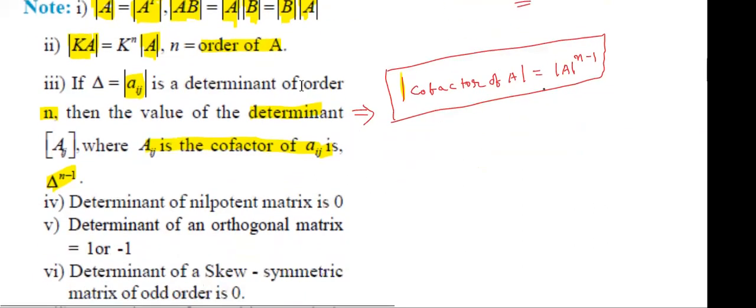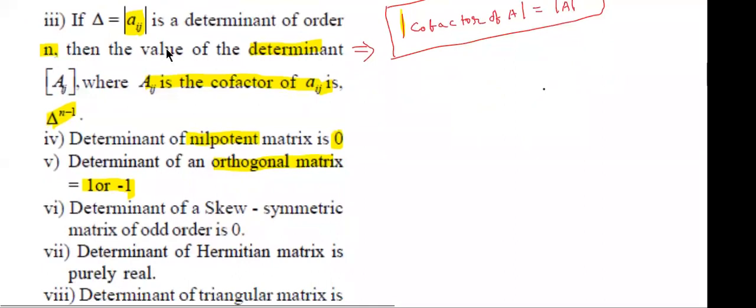Okay. Next, fourth point, observe that determinant of nilpotent matrix is 0. Determinant of orthogonal matrix is 1 or minus 1. Determinant of skew symmetric matrix of odd order is 0.